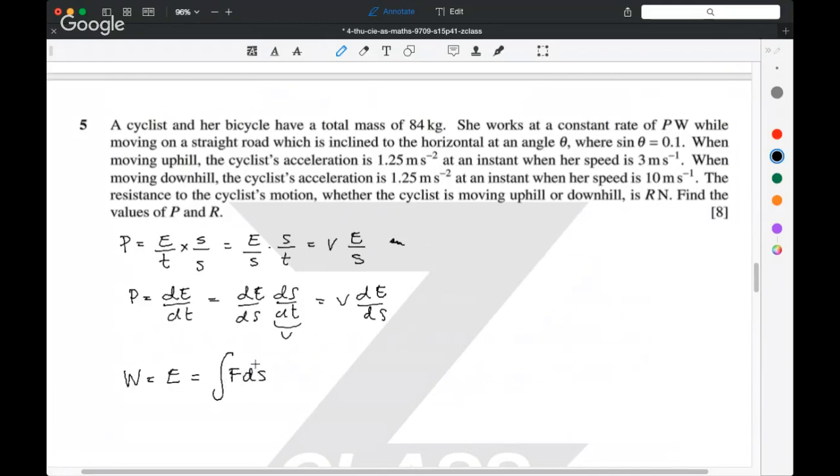If the force is a constant, this just becomes force times distance. So that's recovering that expression. This integral expression implies that the force is just dE/ds. So if we plug that back in, we get that P over V is equal to F. So this is the driving force.